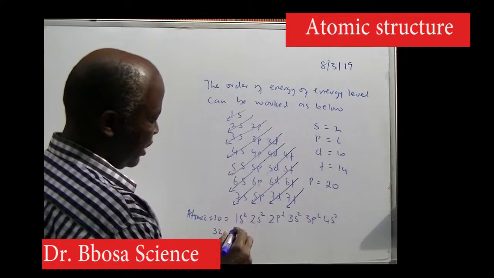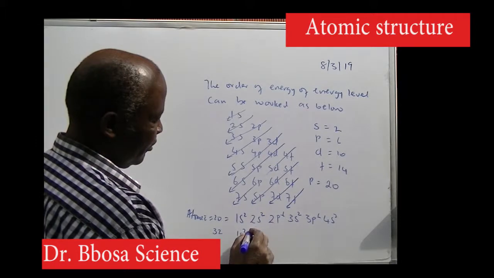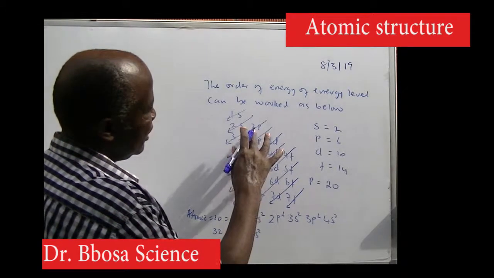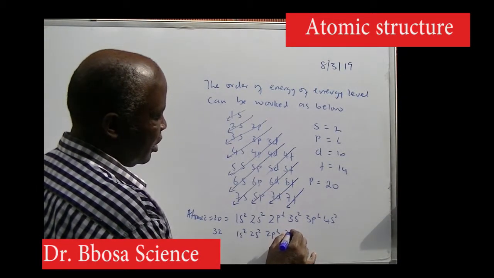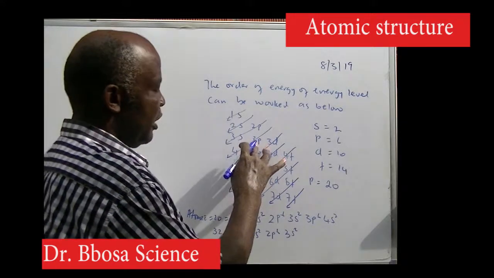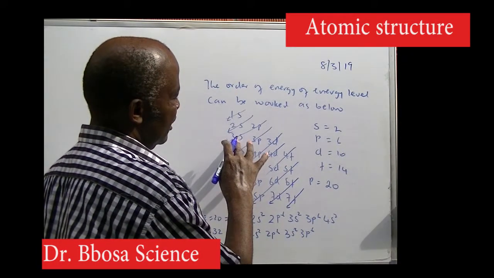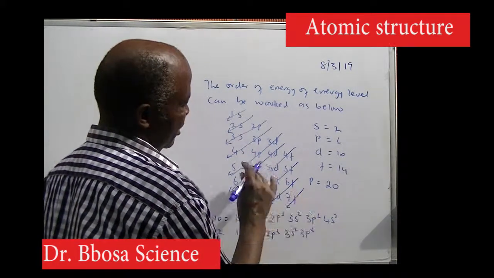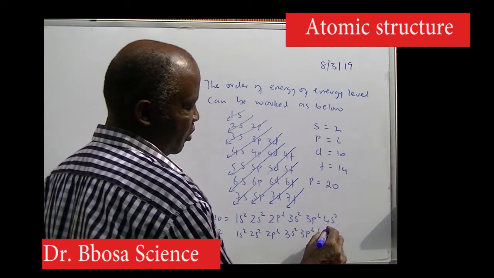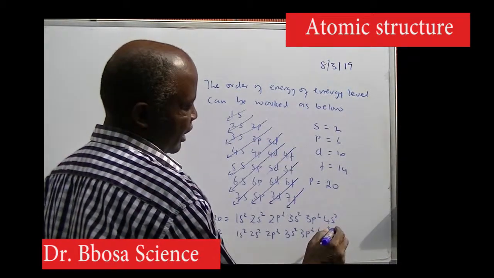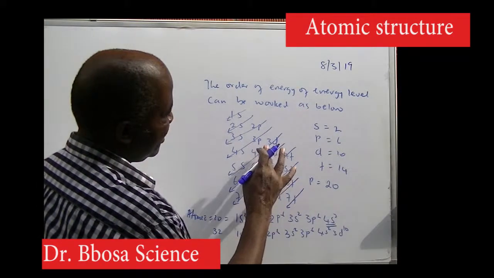We put the first 2 electrons in 1s2, then 2s2, 6 electrons in 2p6, 2 electrons in 3s2, 6 electrons in 3p6, then 2 electrons in 4s2, these make 20, then 3d10, and from d we go to 4p2.